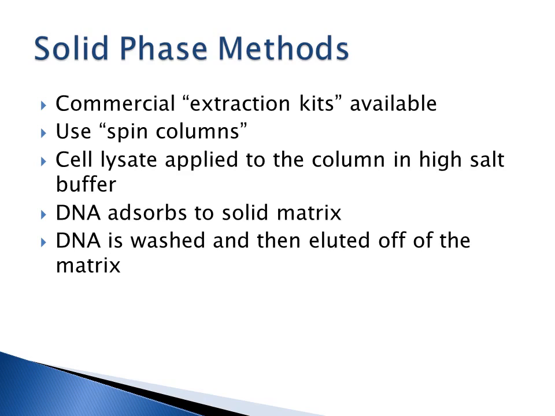Most of these kits use what's called spin columns, these little tiny tubes where you put your lysed cellular material into the column, and the column contains a high salt buffer. The DNA is going to adsorb to the solid matrix in the column. You're going to wash that column, get rid of all the debris, and then you're going to elute the DNA off of that solid matrix into a solution so that you have nice clean DNA.